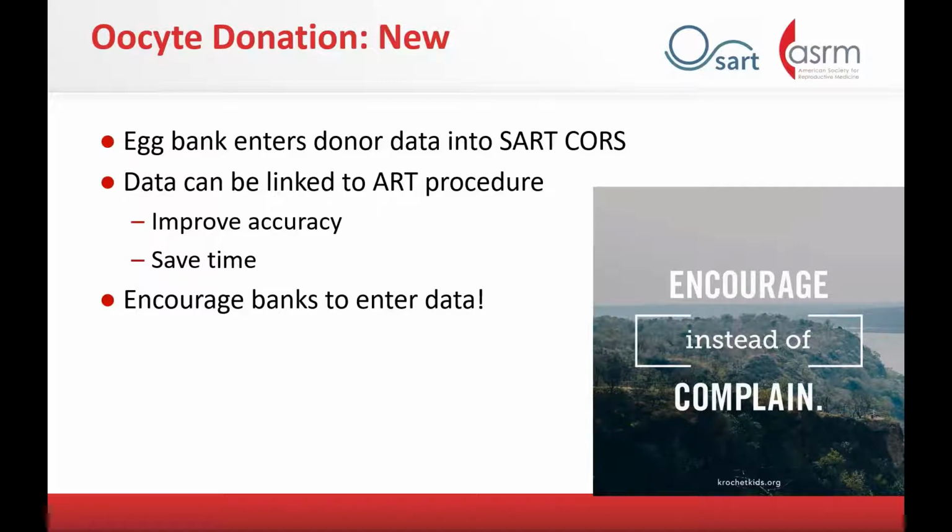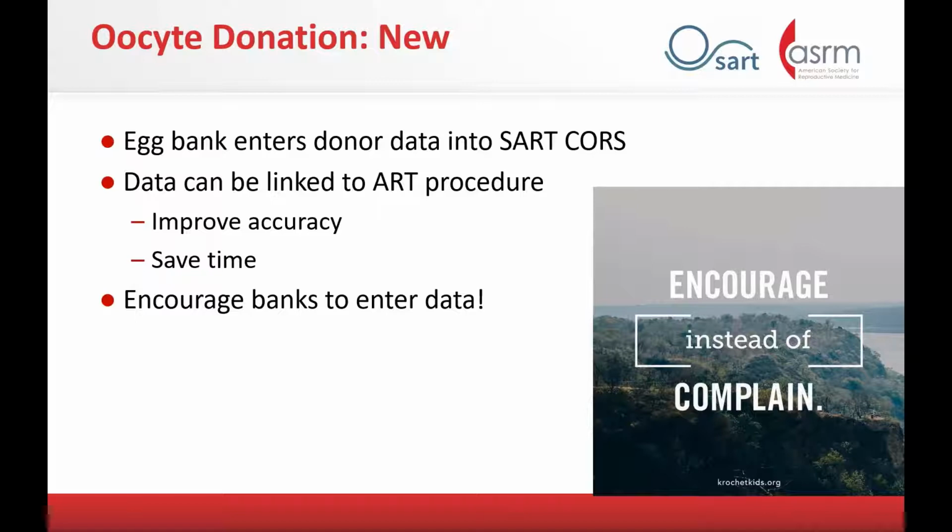Of course, SART and especially the registry committee have nothing that we can force the banks to enter this data. So each of the programs should encourage the banks directly to enter the data so it can be linked and make everybody's lives easier.